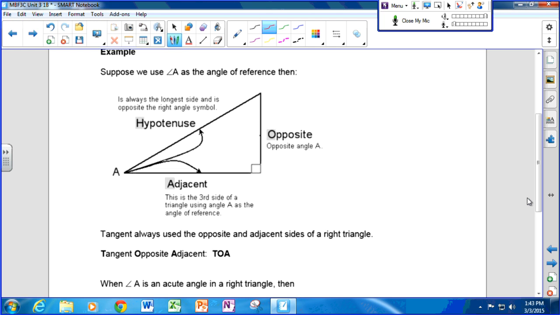So the tangent is opposite over adjacent, right? So the tangent ratio doesn't use the hypotenuse at all. It's opposite over adjacent, and again, it's relative to the angle you're looking at. If you had an angle B over here, what was the adjacent for A is now the opposite for B, right?